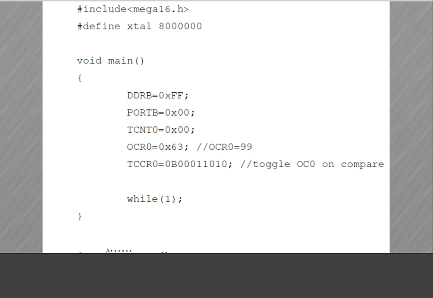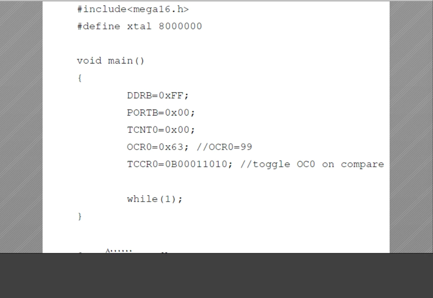0x63 means 6 multiplied by 16 to the power of 1 plus 3 multiplied by 16 to the power of 0.